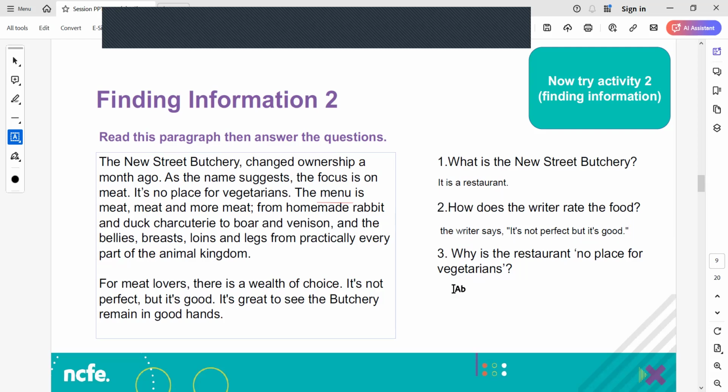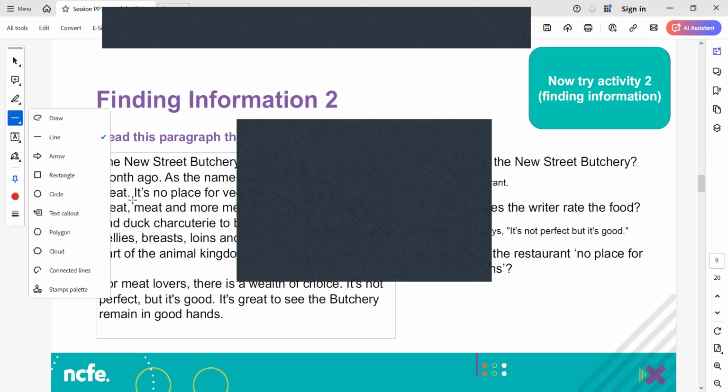Okay, question 3. Why is the restaurant no place for vegetarians? And they're quoting from the text there. You can see we've got inverted commas or speech marks. So we want to scan and find that sentence. It's no place for vegetarians. So that's here.